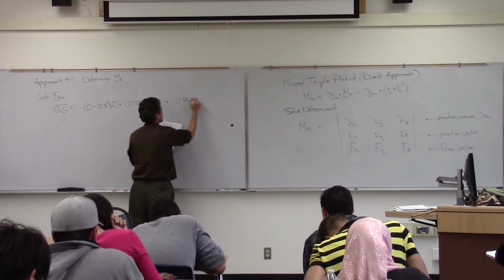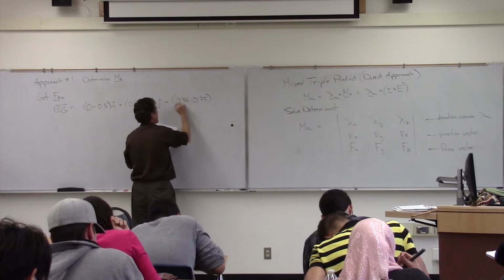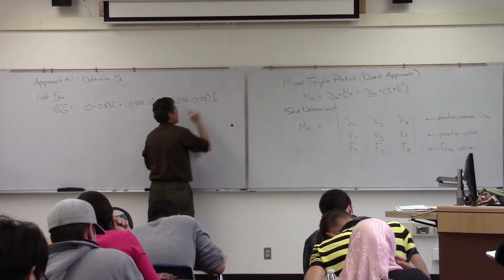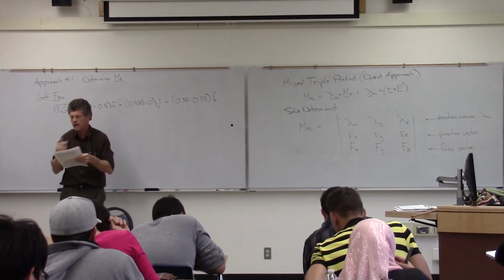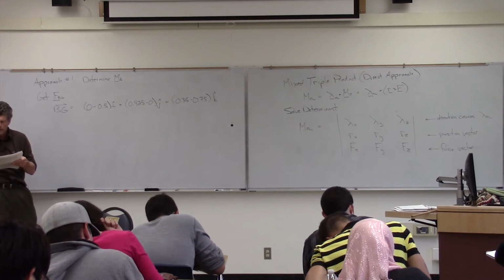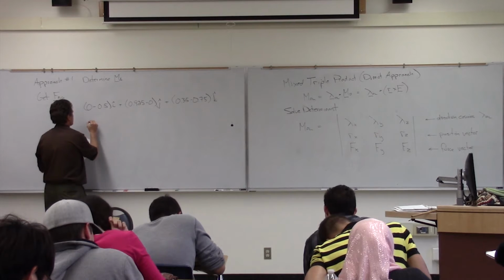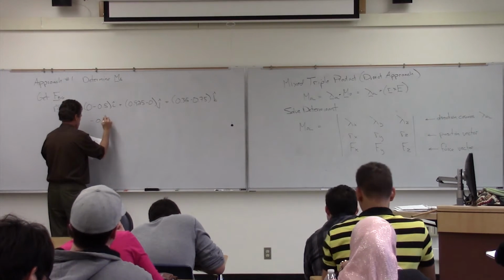A slightly trickier one is K. G starts at 0.35, and then when we go back to B, it goes to 0.75. And basically what we have now is a vector describing BG.